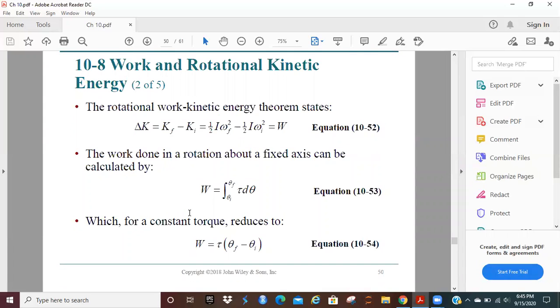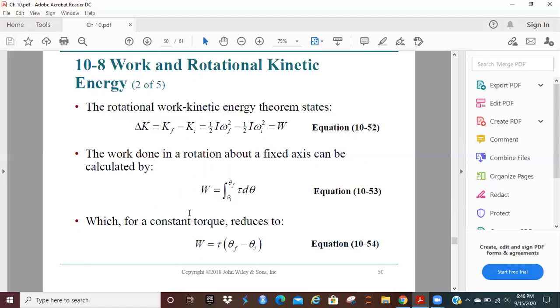So you'll also see some comparisons here between energy and work. The rotational work-kinetic energy theorem is going to state that the change in the kinetic energy is the same as the change in the moment of inertia times the square of the angular acceleration, and that's going to be defined as work.